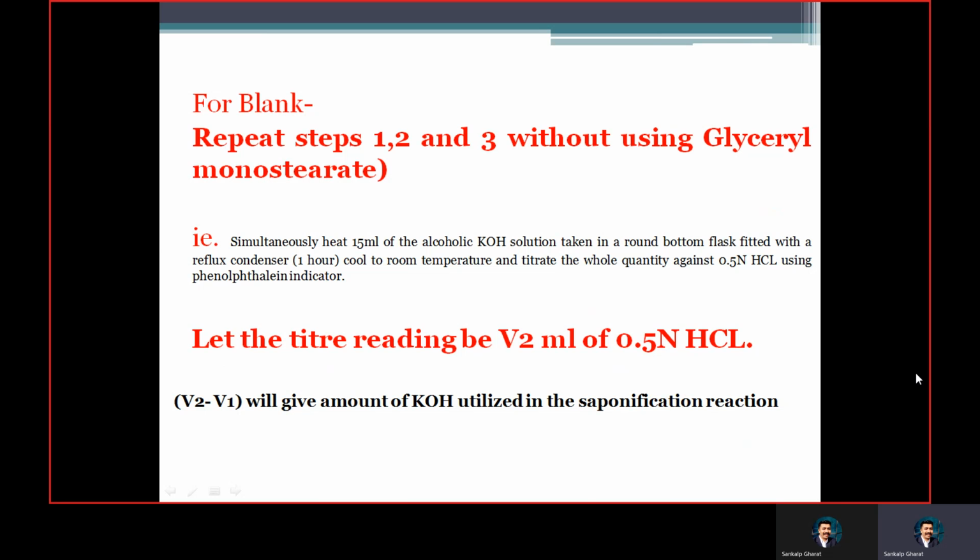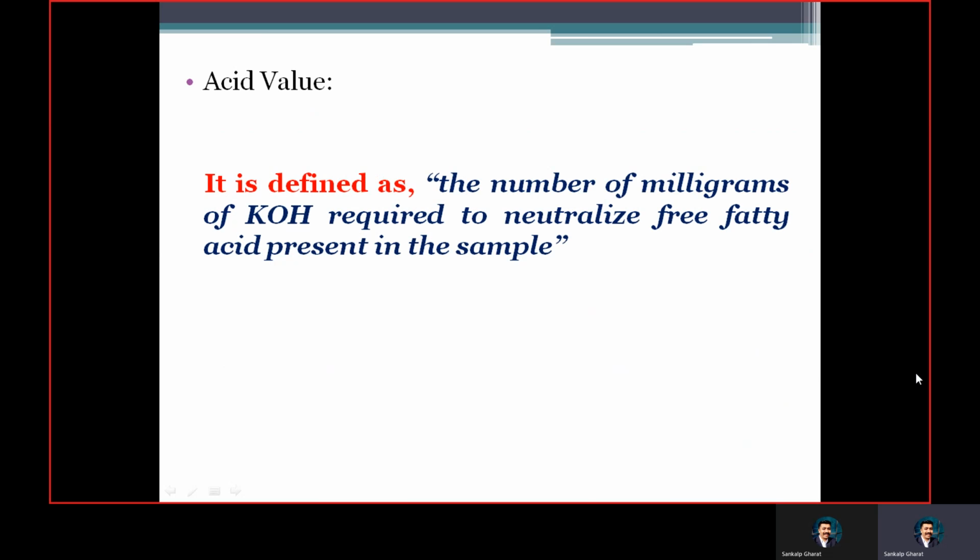Once we subtract V1 from V2, that is V2 minus V1, this will give the amount of KOH utilized in the saponification reaction. So this was part 1.